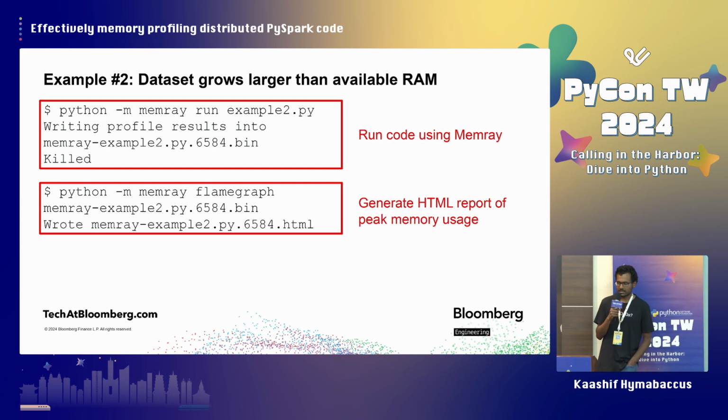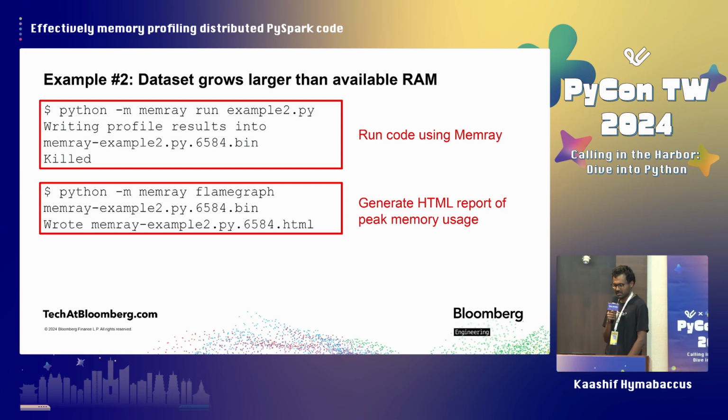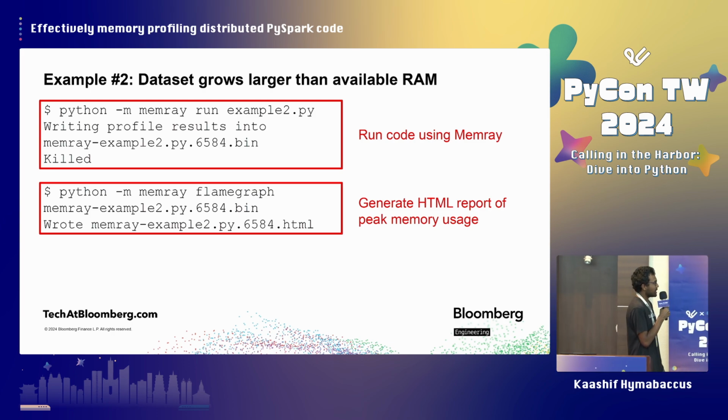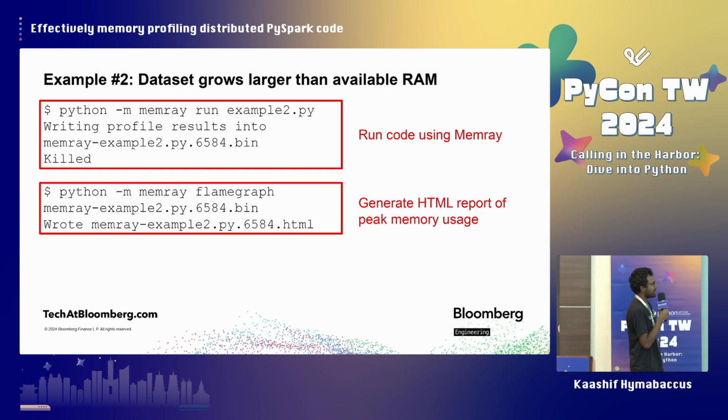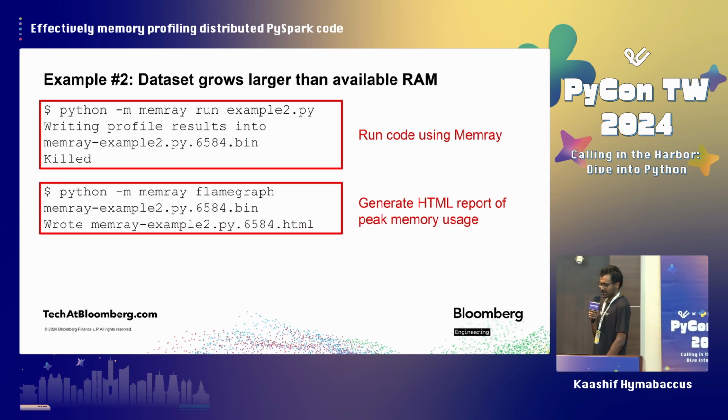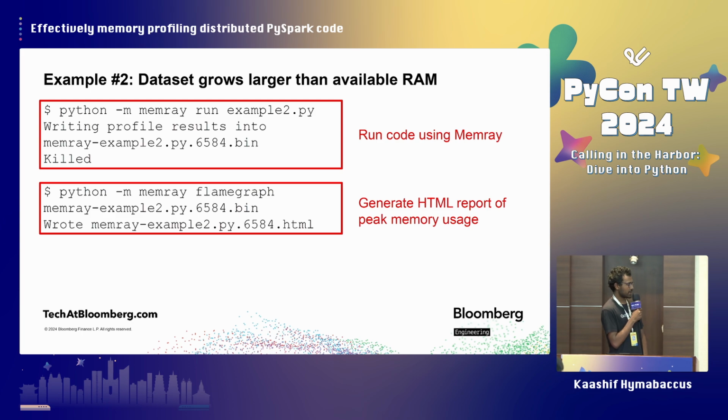But what we get in addition is this file, example2.py.bin. That number there is the process ID, which is a bit of a detail, I guess. And then we can generate this HTML report using memray flamegraph, which will give you a flame graph of the memory usage at the time when the memory usage was at its peak, which is just before it goes out of memory.